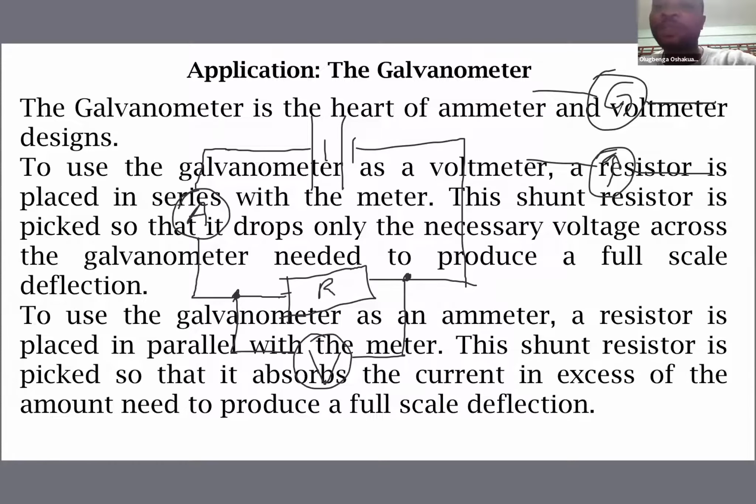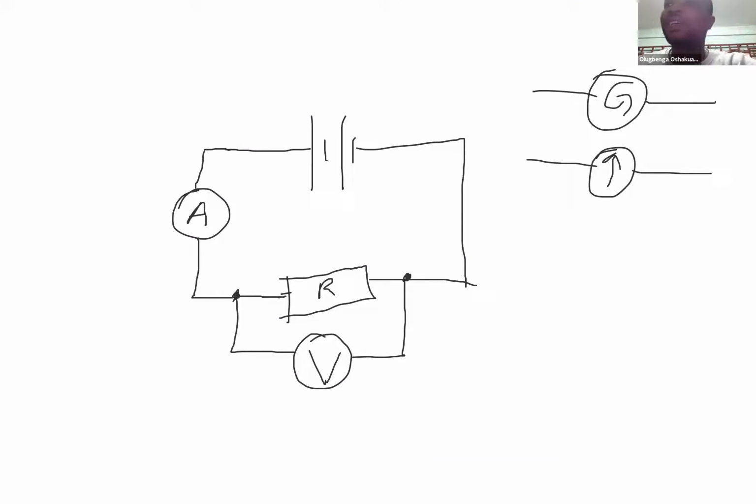So that means that when we don't have a voltmeter, all we have is a galvanometer, and we want to measure the potential difference across this resistor.